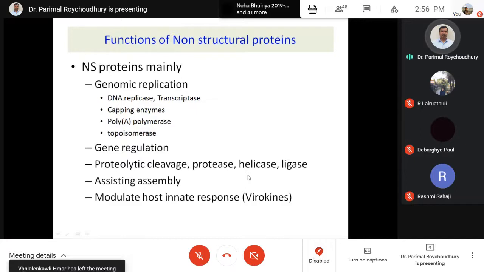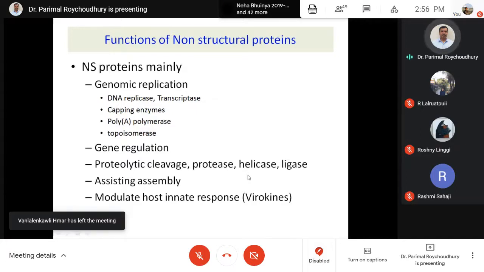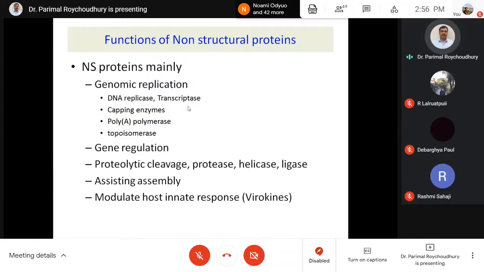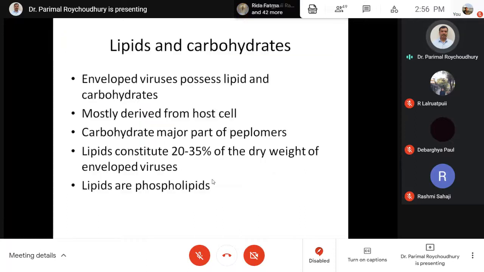That will give rise to different structural and non-structural proteins. We'll discuss this at a later part. So these are the functions that you can see. It can modulate the whole innate response, assisting assembly. These are the functions of non-structural proteins. Okay. So the viral proteins, we can categorize them as structural and non-structural proteins.